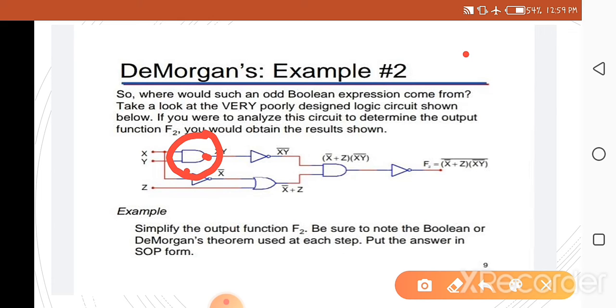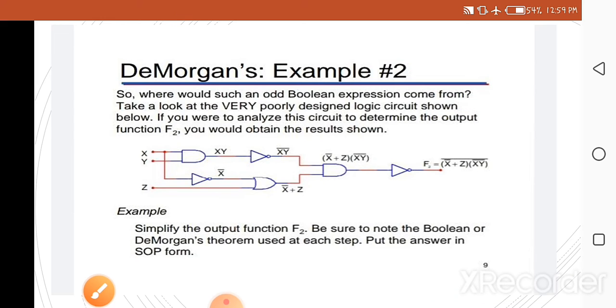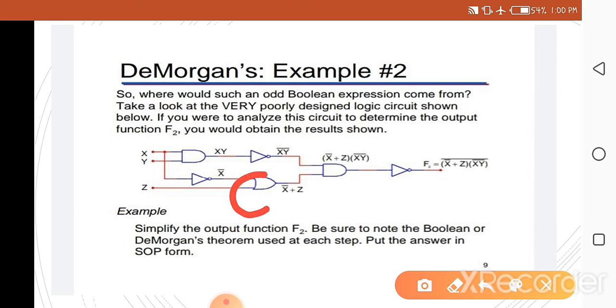After that, this xy is applied to an inverter. The inverter inverts the input, so the output is xy bar. The z input is applied to an OR gate, and the x input is inverted and then applied to the OR gate.